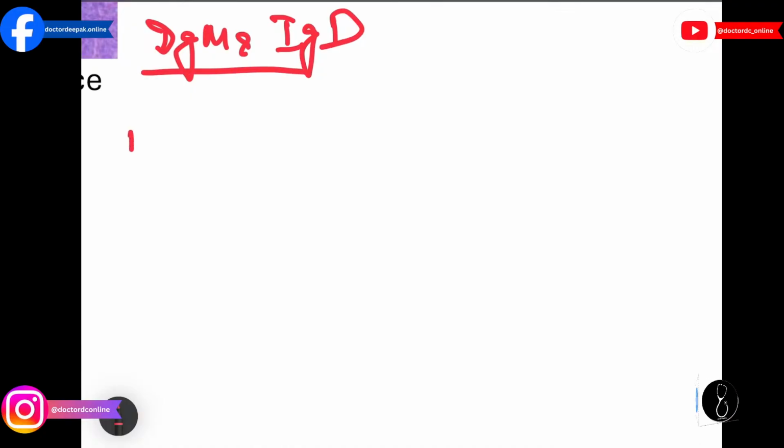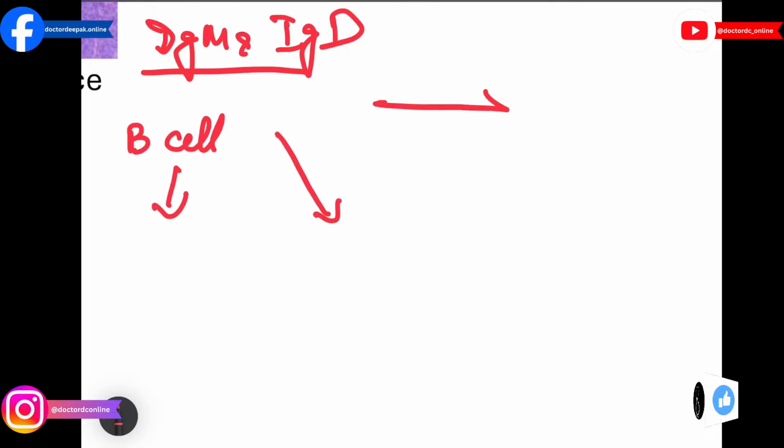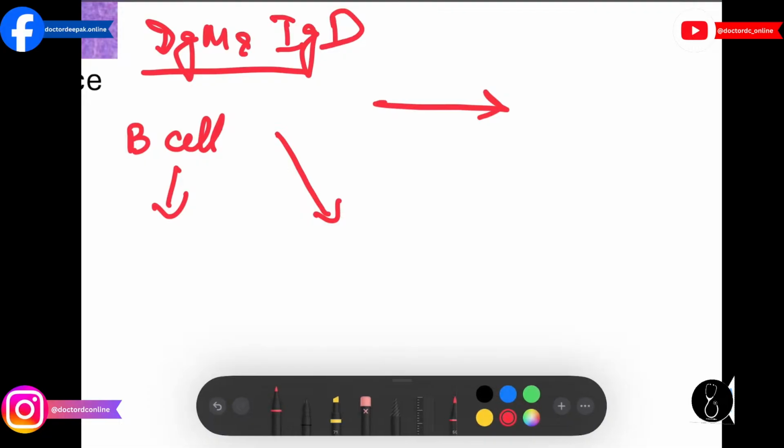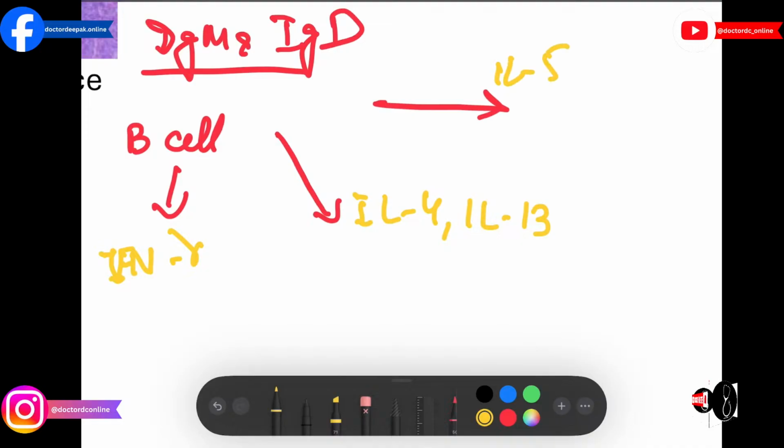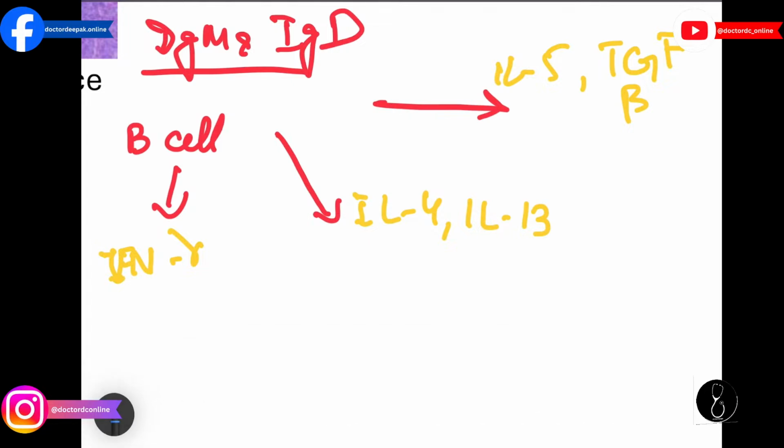If the B cell is going to be exposed to different cytokines, the first I am going to mention is interferon gamma, or it is exposed to interleukin 4, interleukin 13, or it is exposed to interleukin 5 or tumor growth factor beta. So what is going to happen?